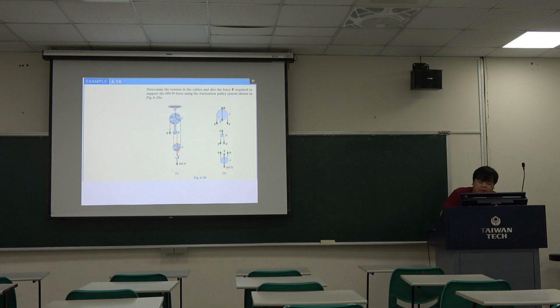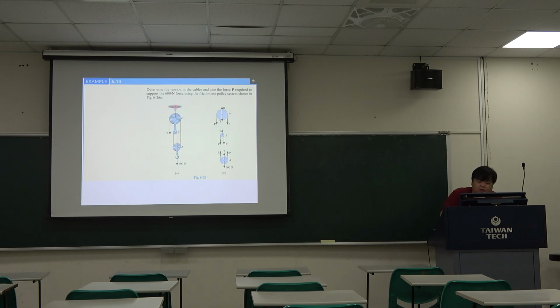We have three pulleys, and from A to B to C to P we have one cable. So we have a tension force P on this cable. Everywhere on this cable is the same tension force.